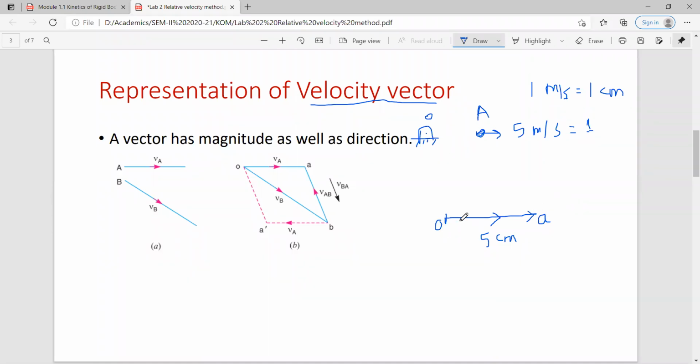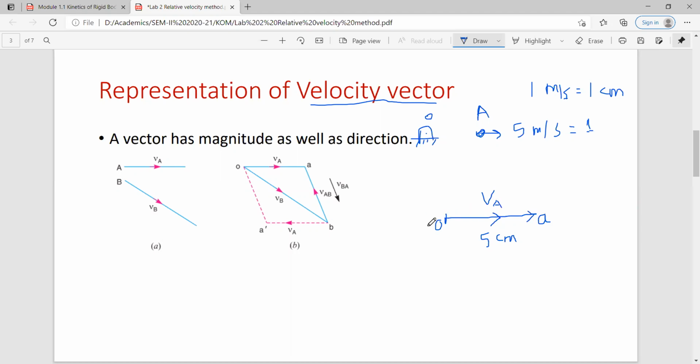Okay, so which velocity is it? You have to see this arrow. The arrow is towards A. So you will say that this vector is for velocity of point A, because it is pointing to the point A. So I will call this vector nothing but velocity of point A because of the direction of the arrow. The arrow is towards point A, so it is the velocity of point A. And with respect to which point?